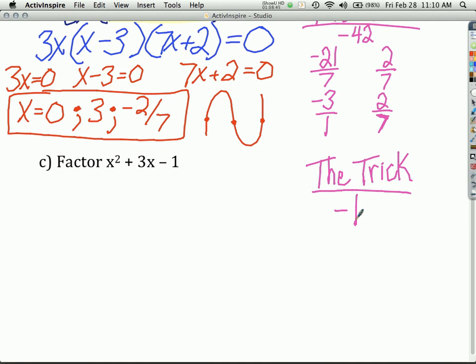It's already completely factored. So there's no numbers that will work? No. 1 times -1 adds to 0. That doesn't work.